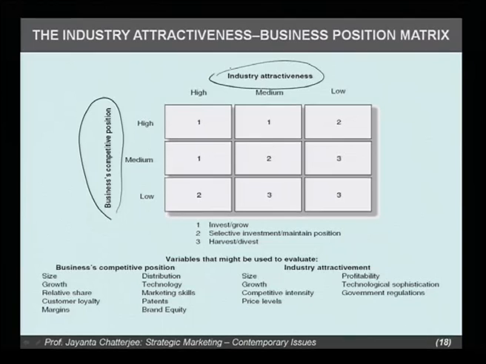In the same way, in industry attractiveness, we look at not only the current size, but also the growth rate, the competitive intensity, the price level and profitability, and these two concepts are in a way also connected with the life cycle position of that particular industry, because obviously if the price levels are better and profitability is good, then it is perhaps somewhere in this region of the product life cycle.